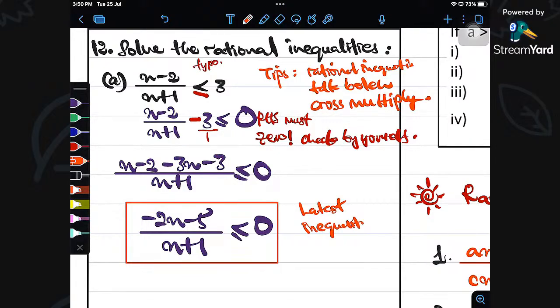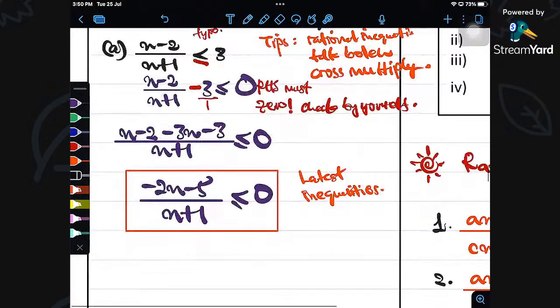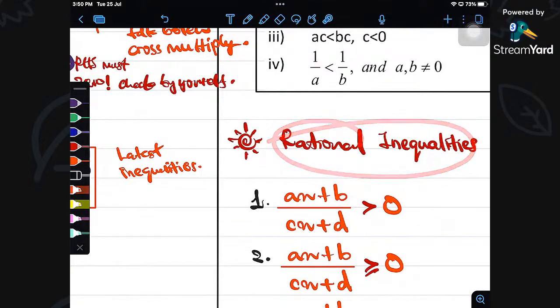Latest inequalities masih dalam bentuk less than or equal, dia tidak berubah setakat ni. Okay, good. Kenapa saya tahu ini adalah my latest inequalities? Because I can see that this is a fraction of a linear. Atas linear, bawah pun linear. So linear bahagi linear, kita faham bahawa dia adalah rational inequalities.